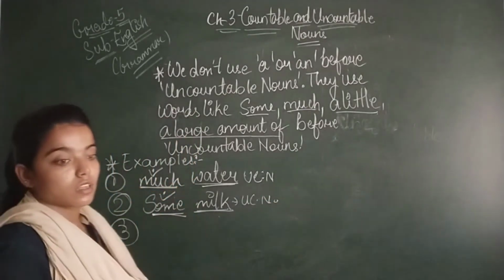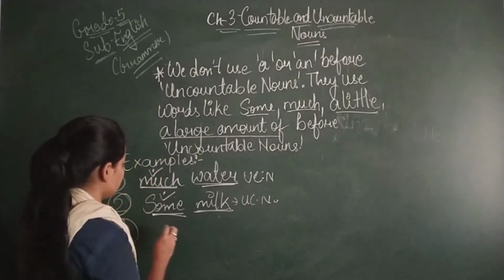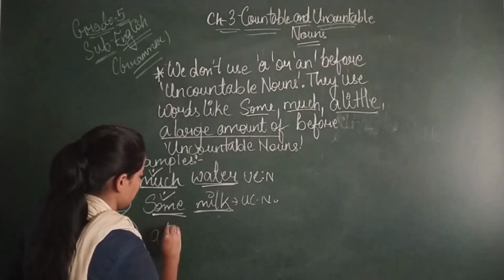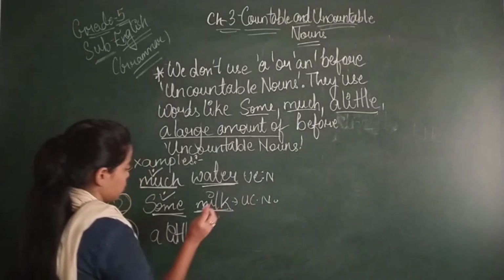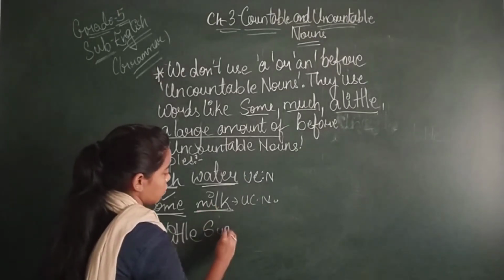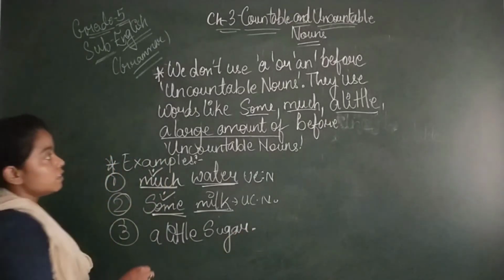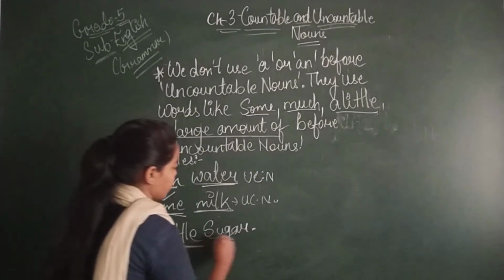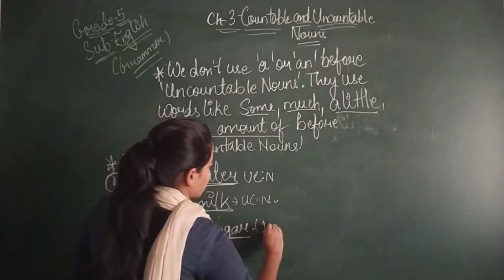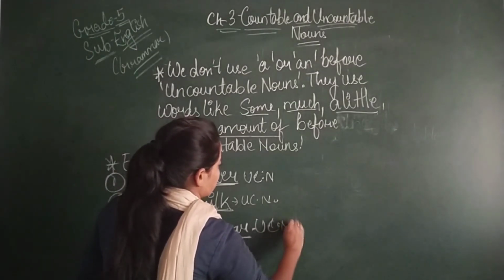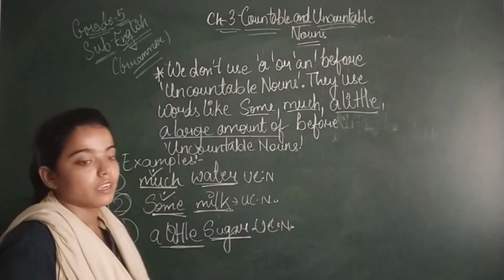Next, a little sugar. So a little is being used to identify that sugar we can't count because it's an uncountable noun. Right?